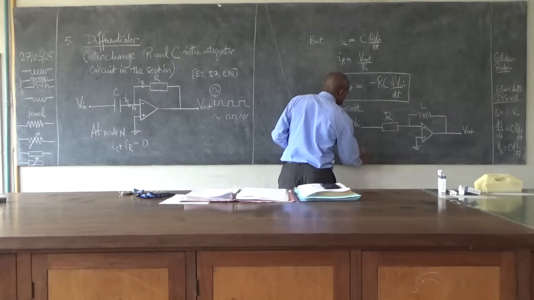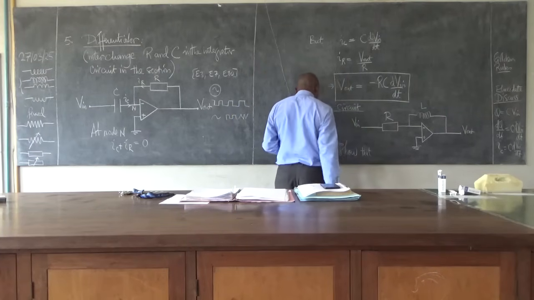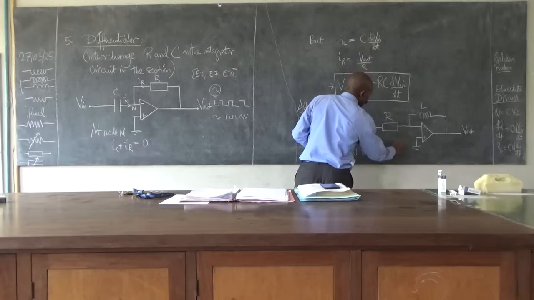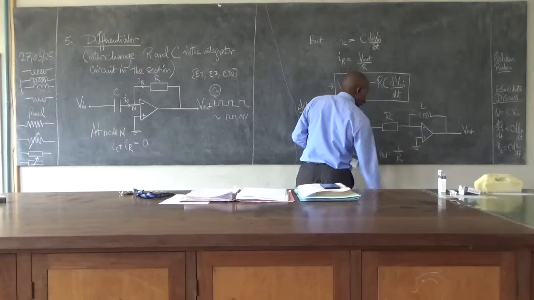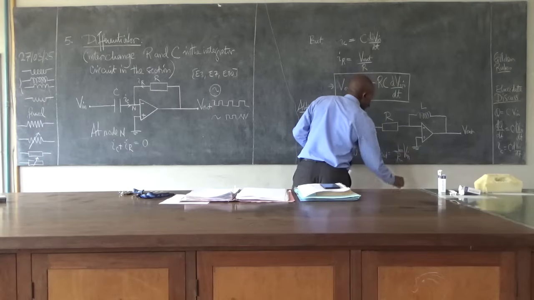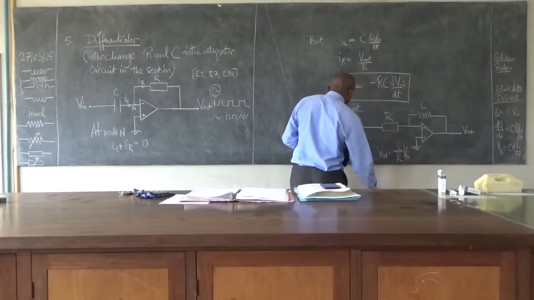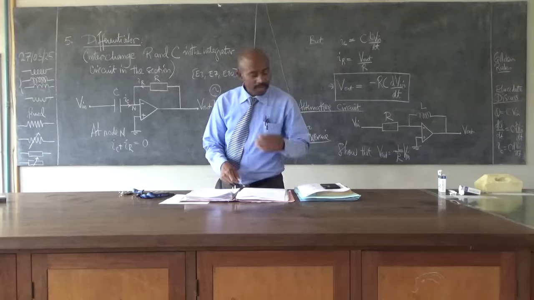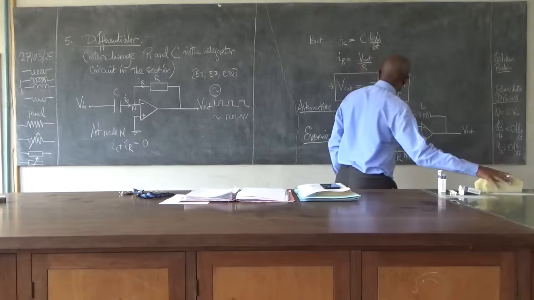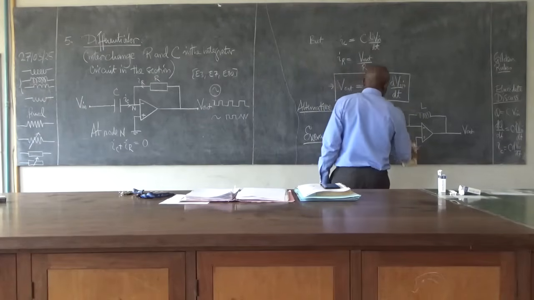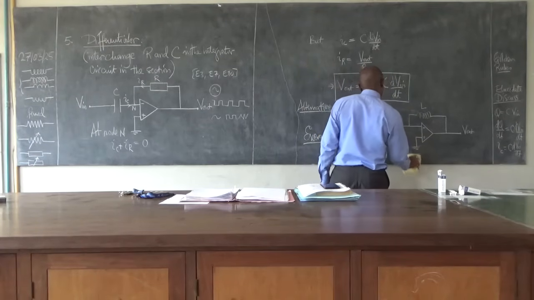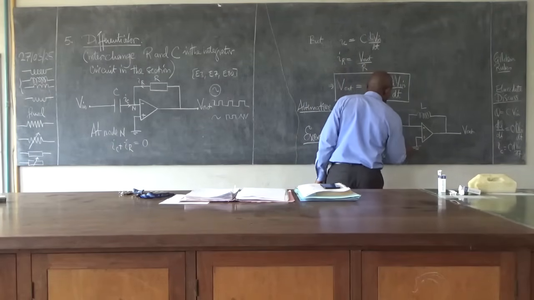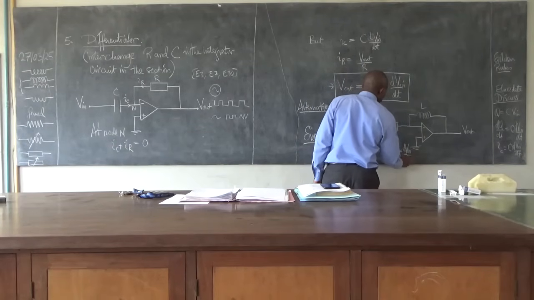So show that when we do an alternative circuit, V out will be the same as minus L over R, is it V in or dV in dt? dV in dt. Okay, since we are talking of the differentiator, it should be, that's what you told me, dV in dt.